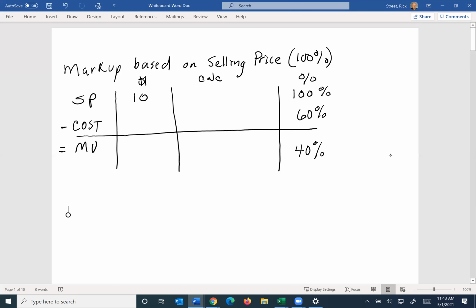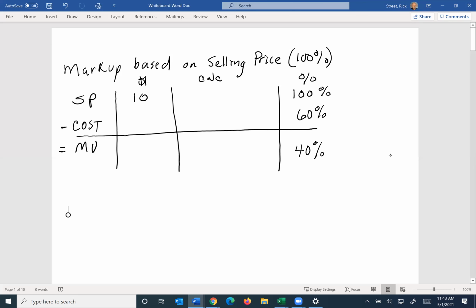So 100% of the sales price less 60% of the cost, or if you break this down to $1, it's $1 sales price, 60 cents on each dollar of sales gives you a 40% profit or markup on each item sold. So you can see with these percentages, very easy. So that's the first thing that I do.